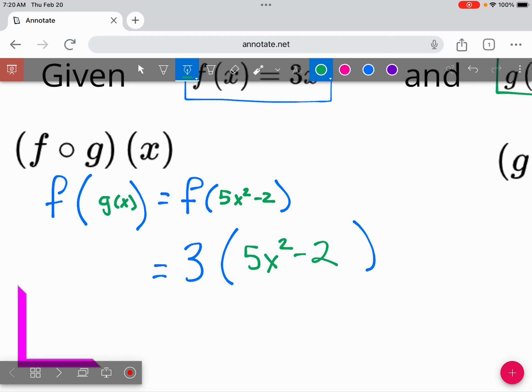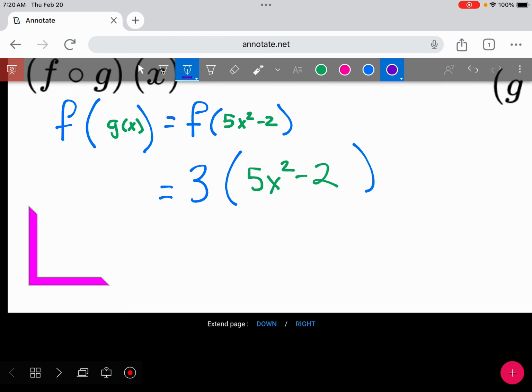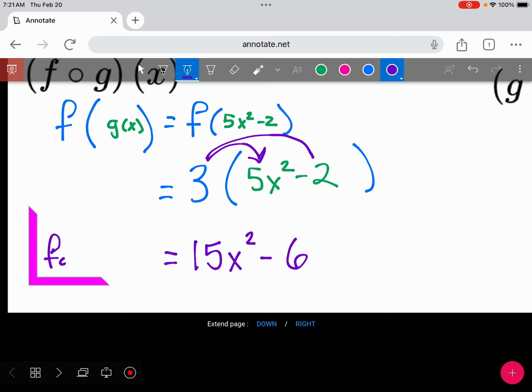So what do we do to simplify this? Distribute the 3. So we got our 3 times 5x squared, giving us 15x squared, and our 3 times the minus 2, giving us minus 6. So our f of g of x is 15x squared minus 6.